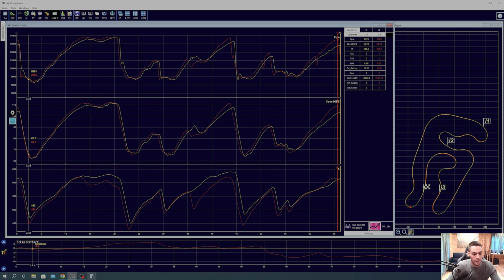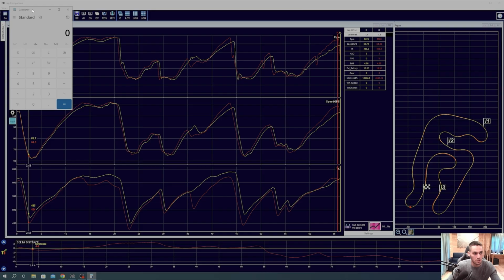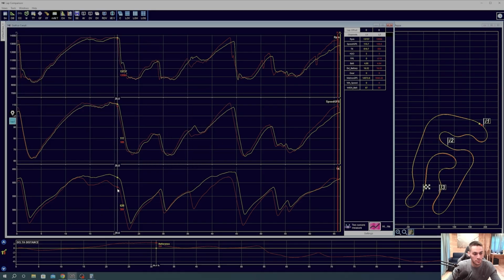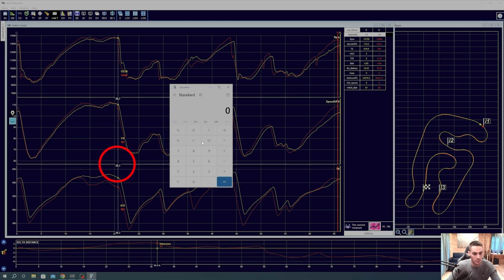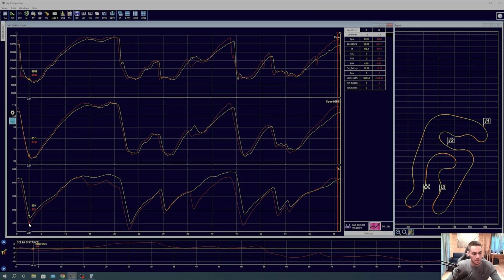Okay, so I'll bring up the calculator. Let's look at this time. 20.7 seconds from the beginning of the lap, minus where we actually start getting on the throttle.